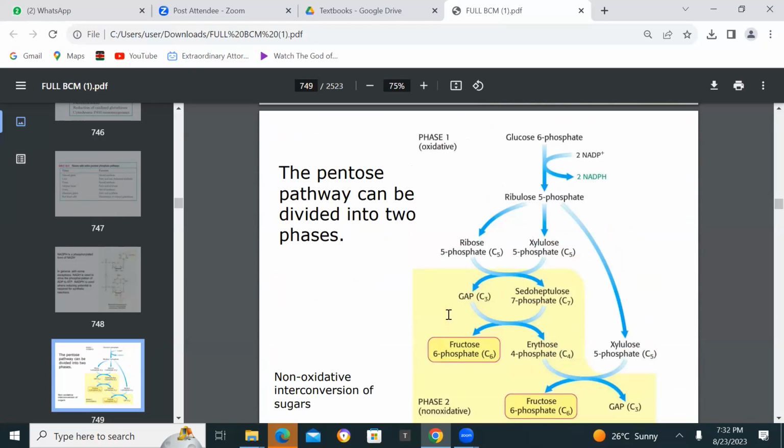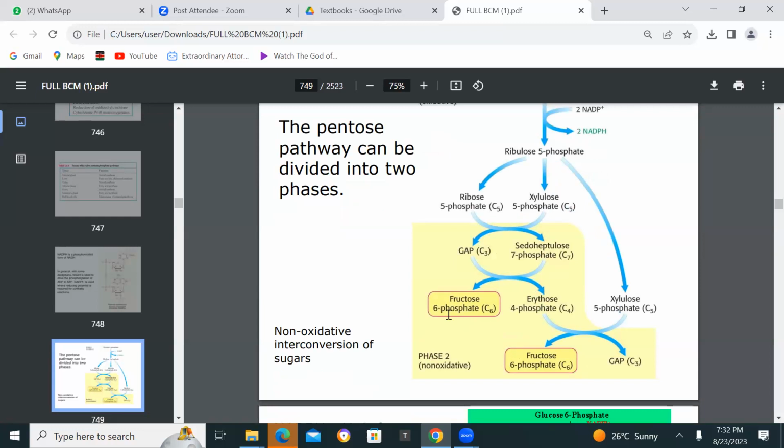The first phase is the oxidative one. Its reactions are mainly non-reversible. Then the second phase, the non-oxidative phase, gives us the fructose 6 phosphate or the glyceraldehyde, the ones that go back to glycolysis for giving more energy.